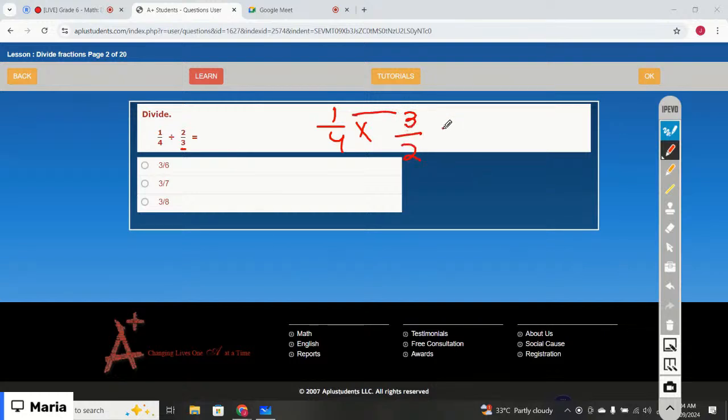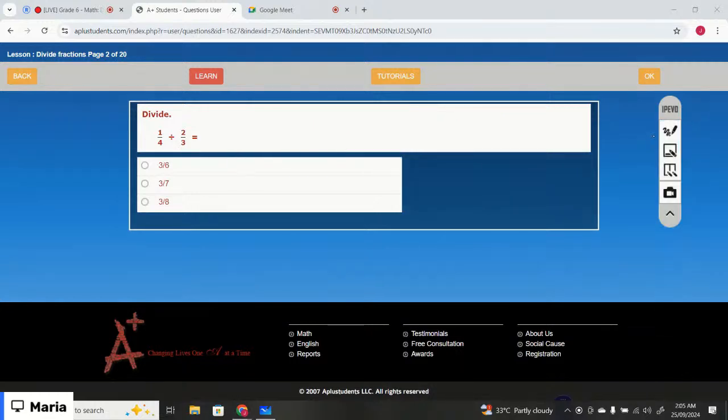So you have to do 1 times 3 and 2 times 4, that is 3 by 8. Option number 3 is the correct option. Got it? Option number 3 is the correct option, that is 3 by 8.